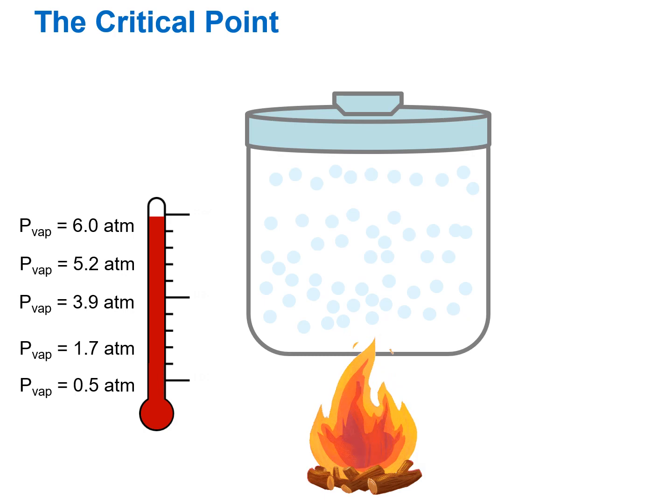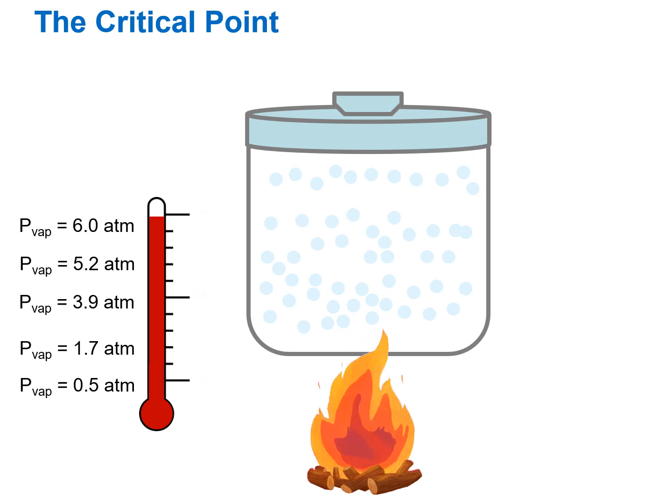Now normally if we were to increase the pressure on a gas, we would see the gas go back into a more condensed state, maybe even go back into a liquid state. But because we've added the heat, what we've done to the liquid is we have reduced the density of the liquid until it became a gas.